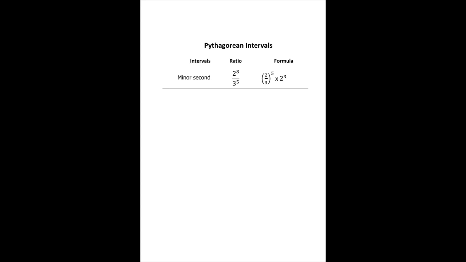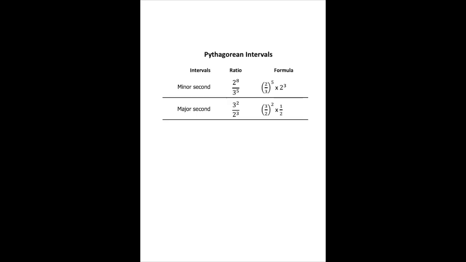The following table shows the Pythagorean intervals that I used to produce my scale. The minor second is given by the ratio 2 to the power of 8 over 3 to the power of 5. The major second, 3 to the power of 2 over 2 to the power of 3.